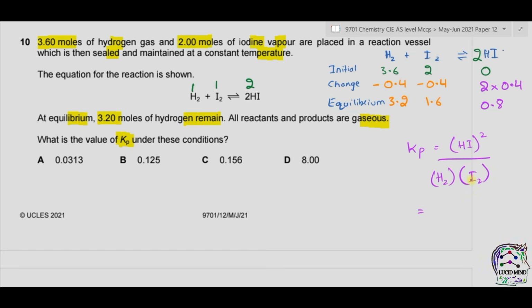Now we can put in the values: 0.8 at equilibrium for HI squared, 3.2 for hydrogen and 1.6 for iodine. Now the value of Kp equals 0.125. The correct option is therefore B.